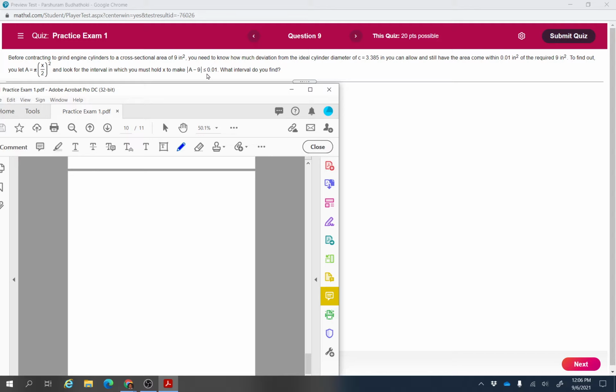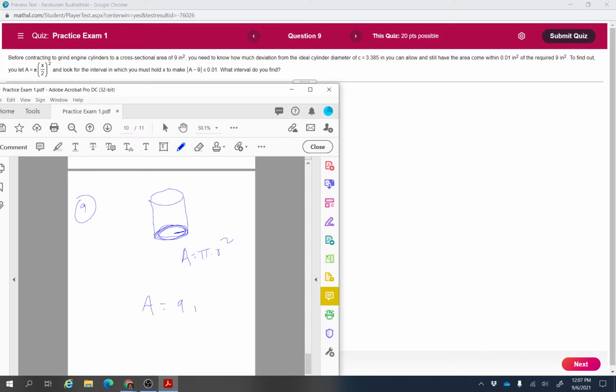What interval do you find? So first of all, this is problem 9. Make sure that we're talking about a cylinder here, and the cross-section area of the cylinder is A equal pi r square. That's the formula. We are given the cylinder diameter 3.385, and we want the area.